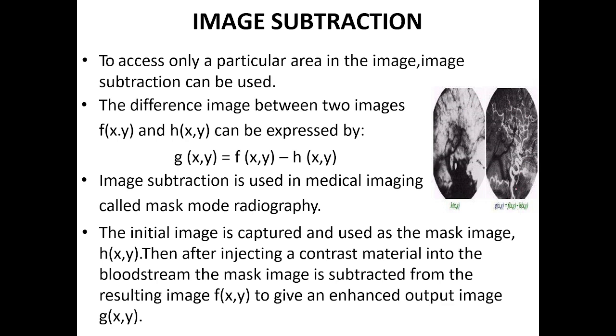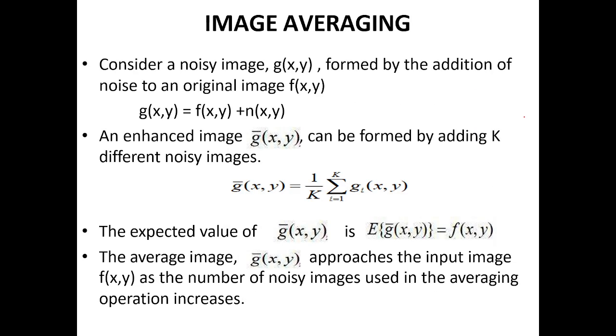Subtracting gives an enhanced output image g of x, y, the new pixel value. Averaging is the same image calculated as a sum of all the image pixels, approaching a new image value where the noise levels are maximally reduced. This kind of operation is used for removing different noise levels in images.